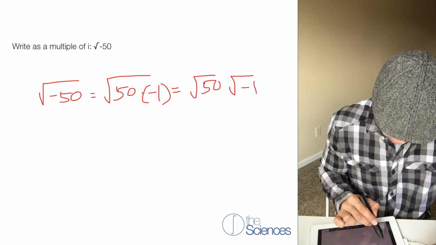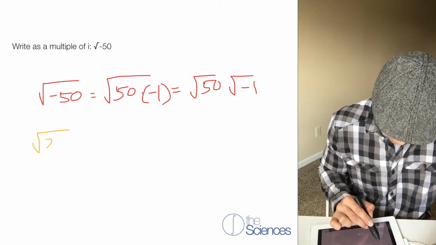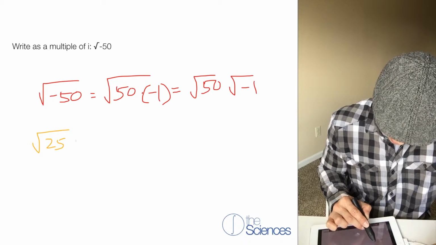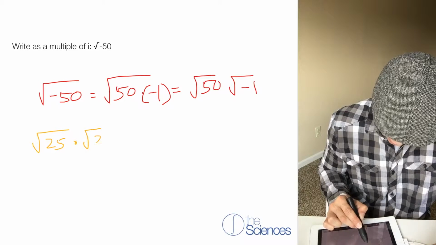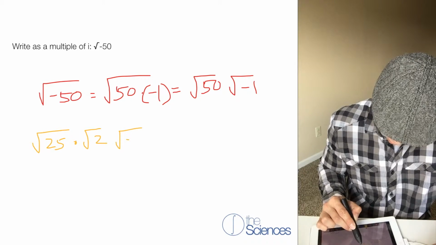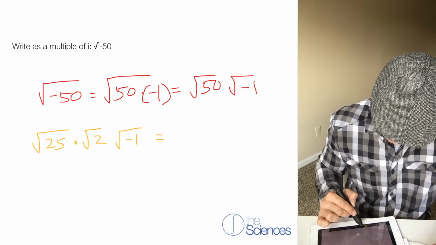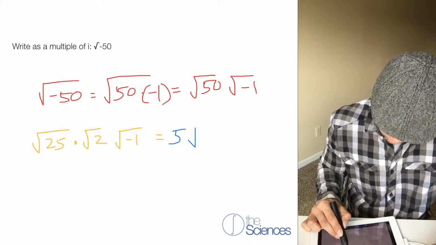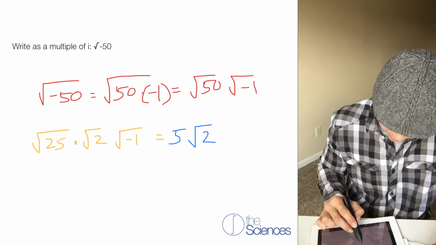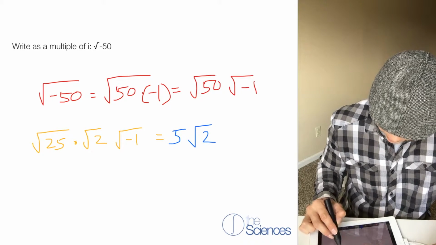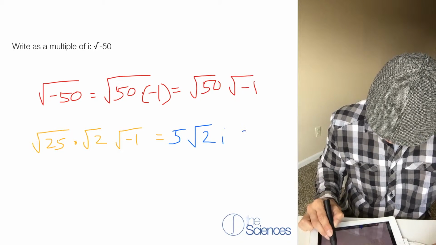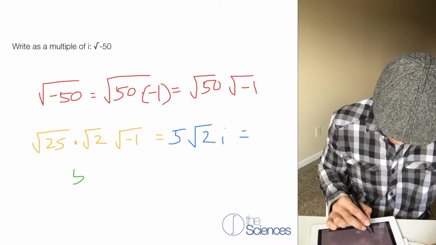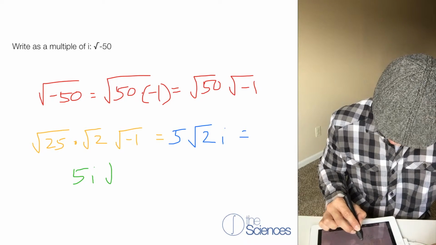We can break down the square root of 50 into the square root of 25 times the square root of 2 times the square root of negative 1. The square root of 25 is 5 times the square root of 2, and the square root of negative 1 is i. So this gives us 5i square root of 2.